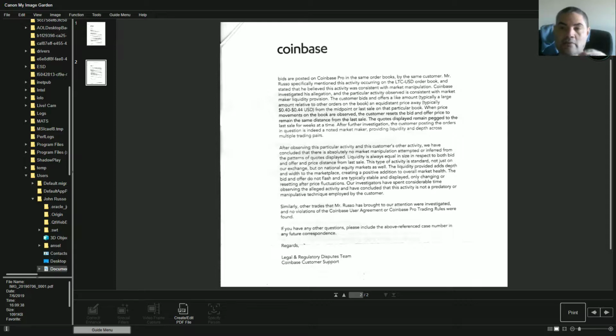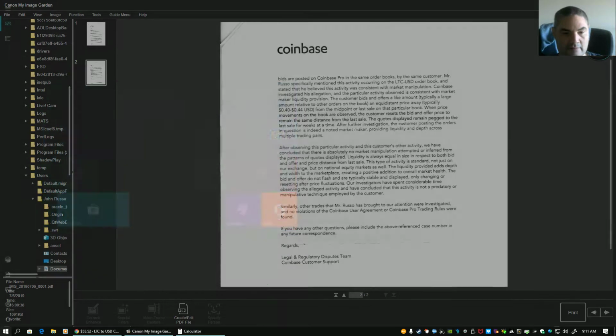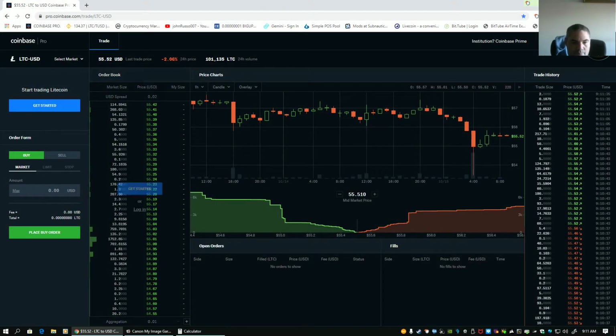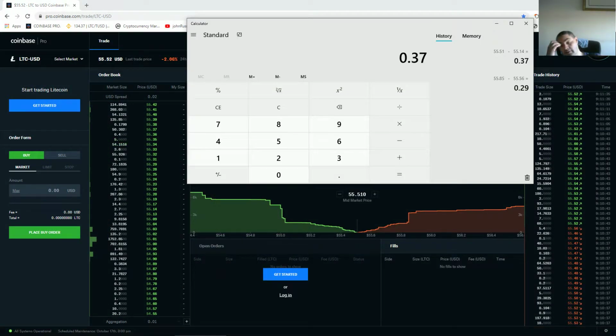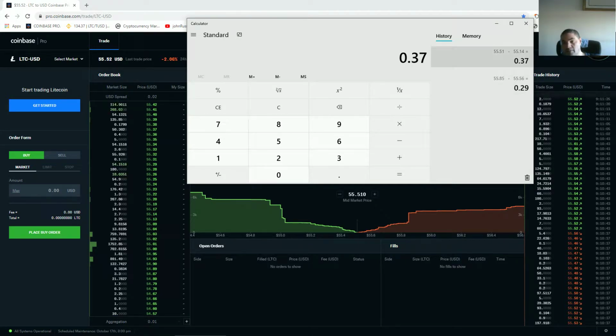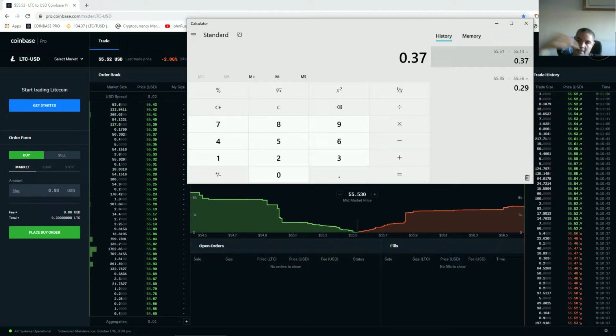Since he's been driving it down, those two trades have actually been 40 to 44 cents lower than that from the mid-market price. So obviously he's planning on something, and what he's planning to do is to dump this price down. See? Since the sell side, which I did first, is closer than the buy side, he's trying to manipulate the market down.